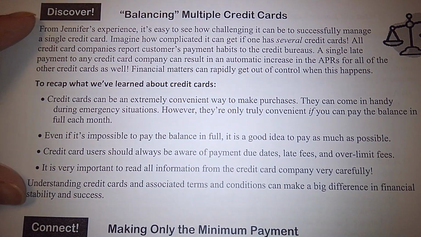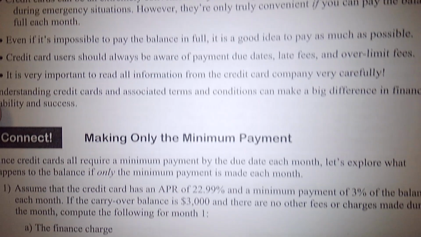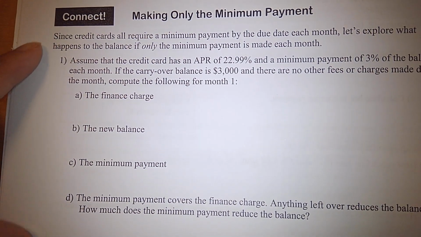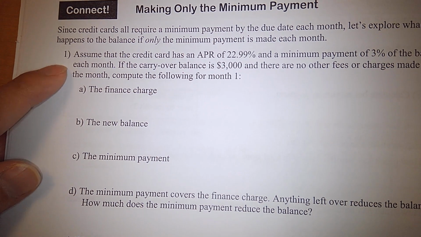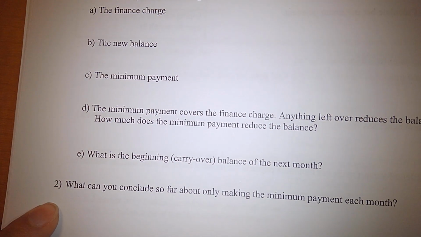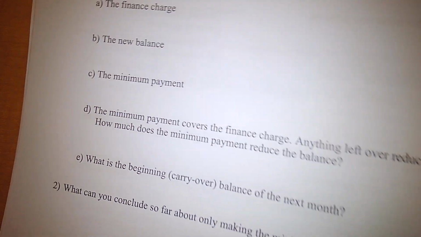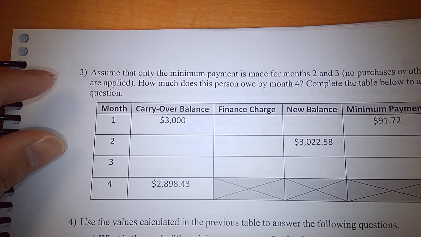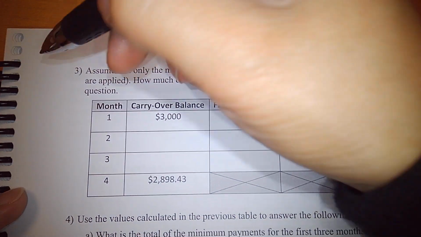You are reading through the discover part. You're also going to practice this credit card question. I would say question 1, A, B, C, D, E, question 2. So the entire page 134. And also on page 135, I want you to do question 3.